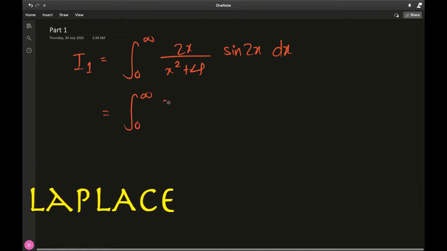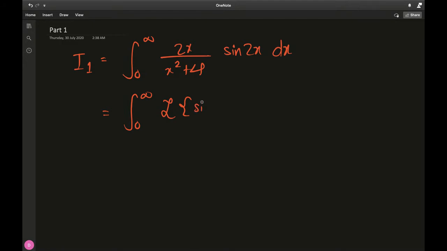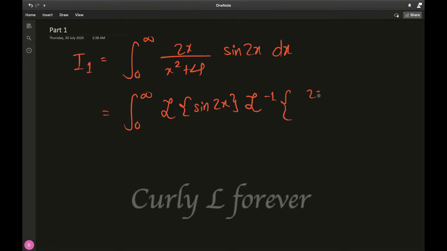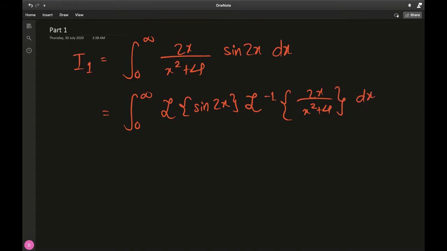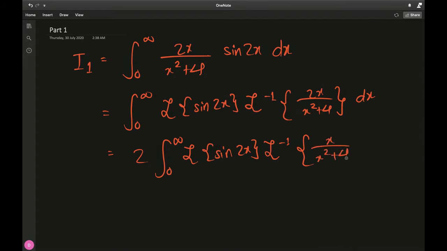I'm going to take the Laplace transform of sine 2x and therefore the inverse Laplace transform of the other expression, 2x divided by x squared plus 4. So we can pull the 2 outside: 2 times the integral from 0 to infinity of the Laplace transform of sine of 2x times the inverse Laplace transform of x over (x squared plus 4) dx.